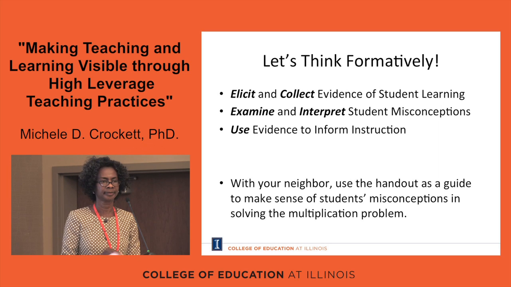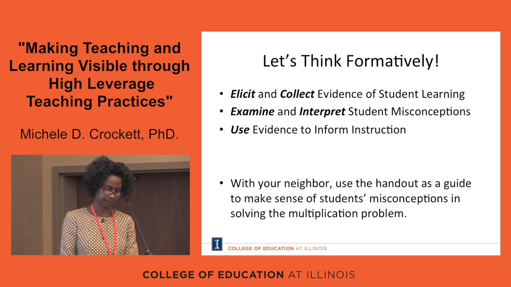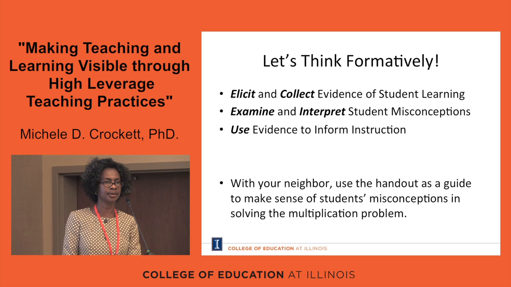Okay. If I can have your attention, thank you very much. So you are engaged in a very active process of trying to figure out, okay, we've got sixth grade students who are making these errors when they do multi-digit multiplication. What do we do about them?